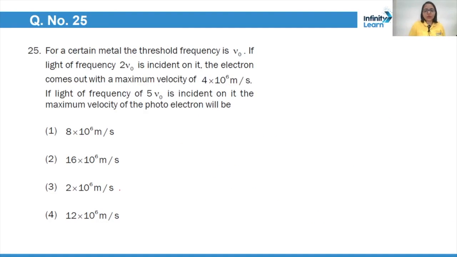Next is question number 25. For a certain metal, the threshold frequency is mu naught. If light of frequency 2 mu naught is incident on it, the electron comes out with a maximum velocity of 4 into 10 power 6 meter per second.